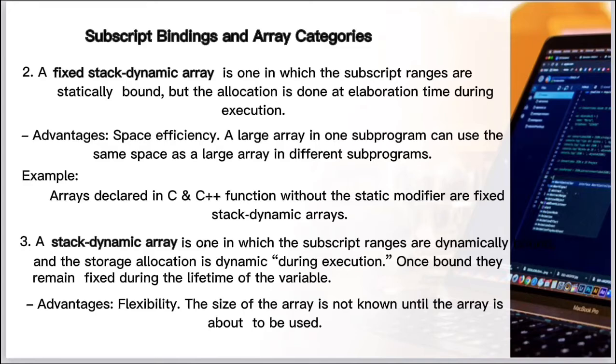3. A stack dynamic array is one in which the subscript ranges are dynamically bound and the storage allocation is dynamic during execution. Once bound, they remain fixed during the lifetime of the variable. Advantages: flexibility. The size of the array is not known until the array is about to be used.